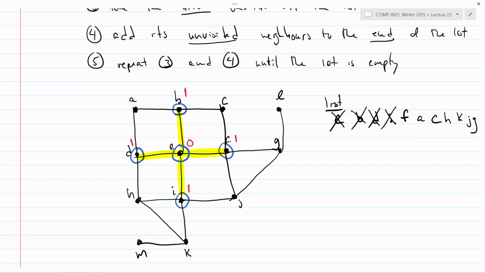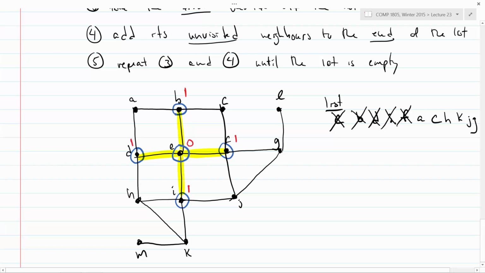So how is this going to continue? If we step back from the pseudocode for a second and just look at the pattern that's happening, what's going to happen next? Yes, exactly.